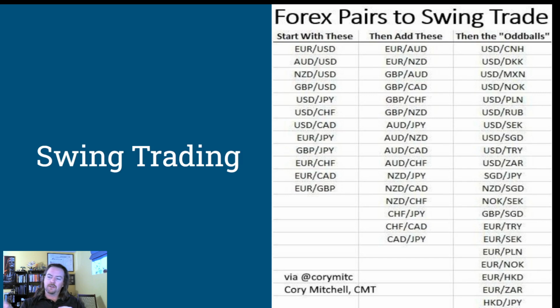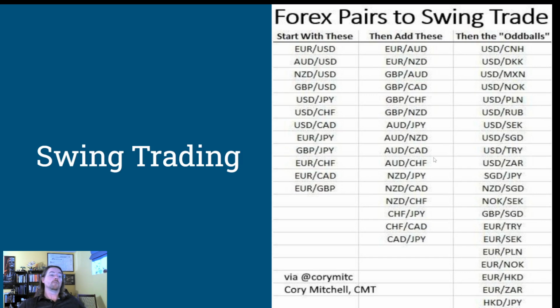But the thing about these is that the pip values can vary drastically from maybe what you're used to. Pip value is how much one pip is worth in your own currency, whatever your account currency is that you opened the account in. Some of these may have very different pip values.